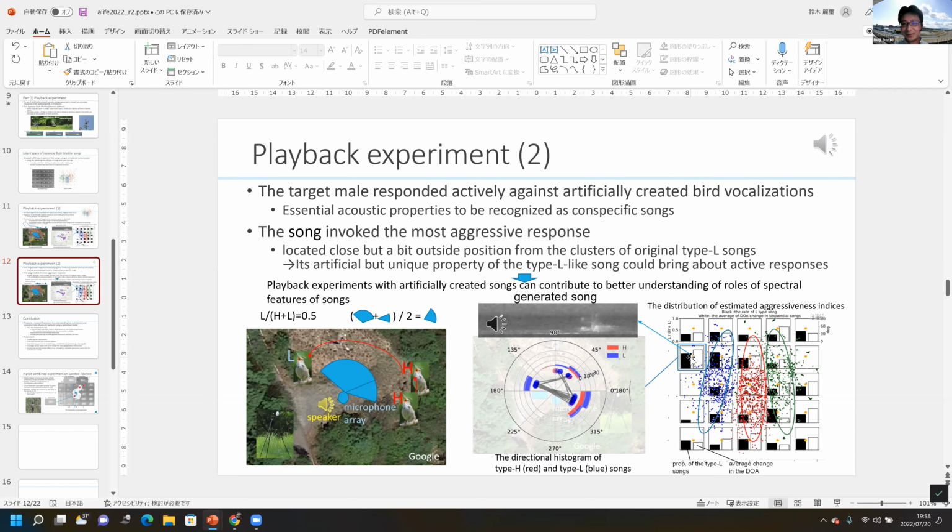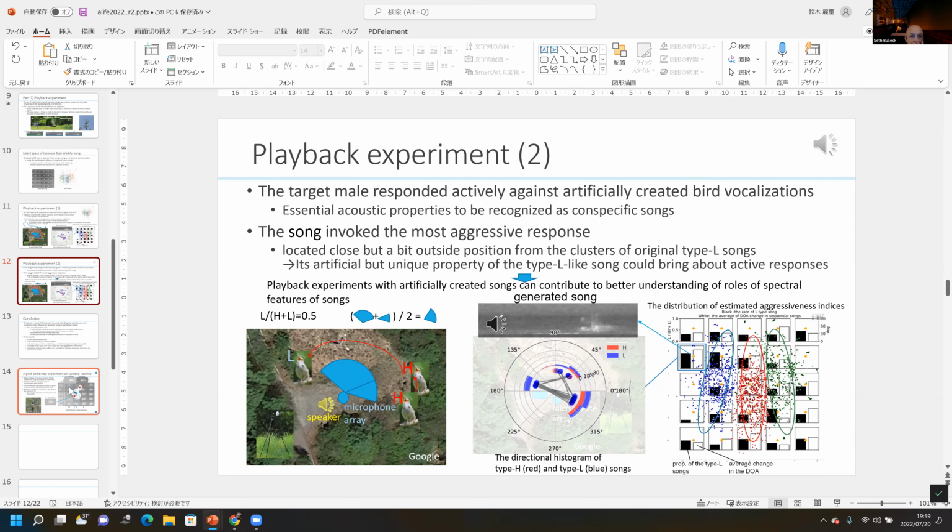But if the sounds go too far, I think it will lack the essential property of the songs of this species. So I think that kind of extreme property might exist in between, not too far and not in the middle.